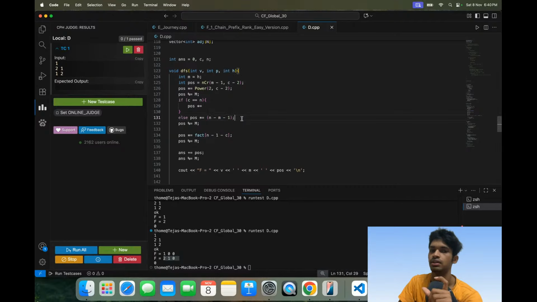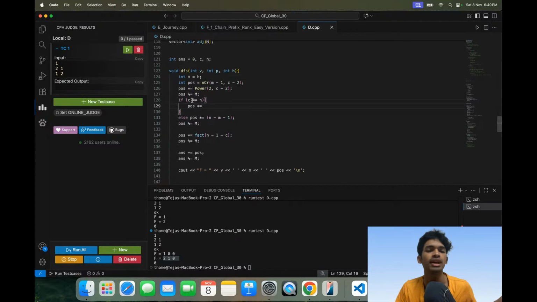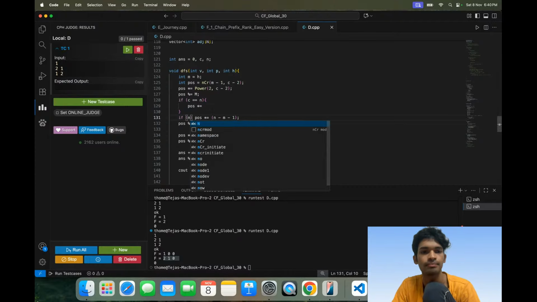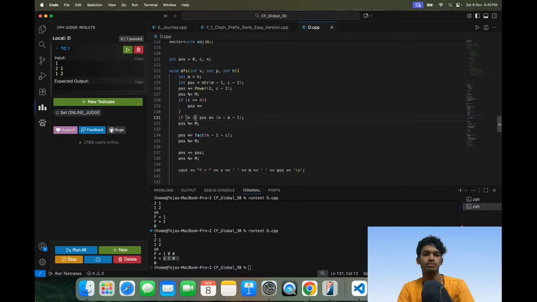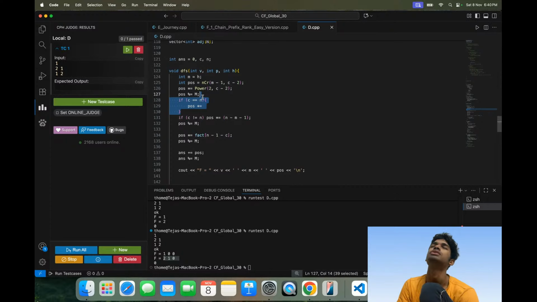So this is right. But if C equals to n, C can not be anywhere. C won't be anywhere. It's fine. You need not do anything. If C equals to n, you need not do anything.